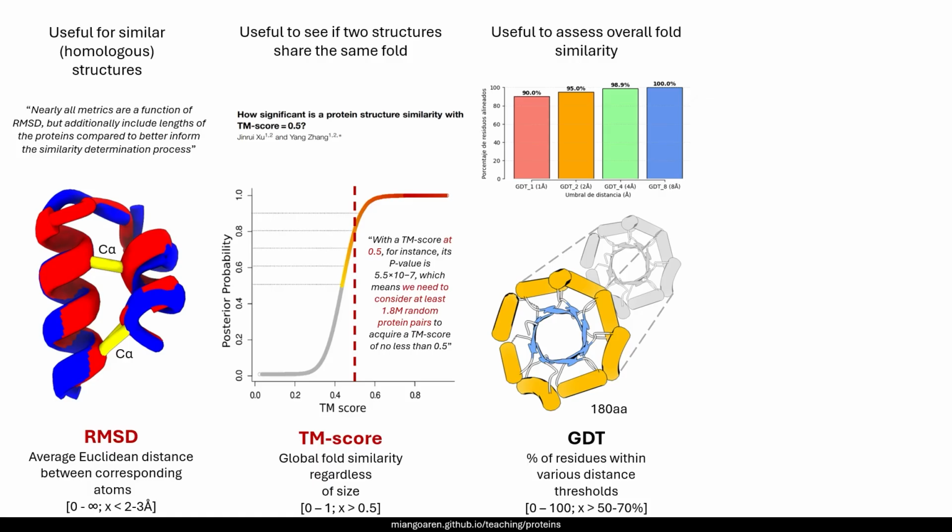In summary, this also involves overlapping the structures of two proteins, only in this case it looks at different distance intervals measured in Angstroms, in these categories of 1 Angstrom distance, 2, 4, up to 8 Angstroms. It evaluates which fractions are within these four categories in common between both proteins, and it is defined with values between 0 and 100, with values greater than 50 to 70% indicating a similar folding, and as this value becomes larger, the proteins will be noticeably more similar to each other.